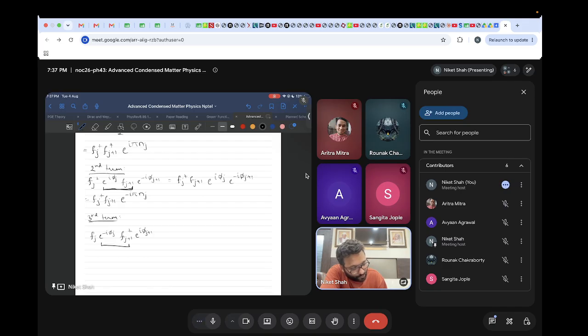Again, this phase commutes, therefore f j plus 1 dagger e raised to the power of i pi n j. Fourth term.